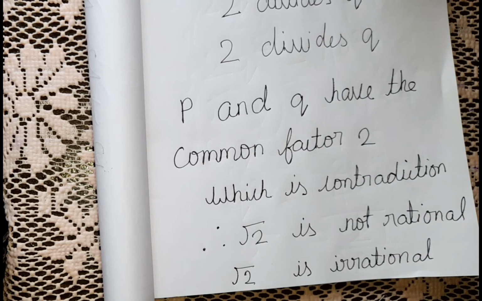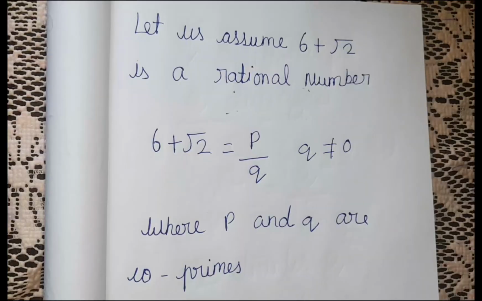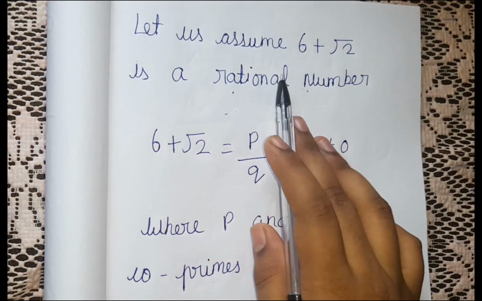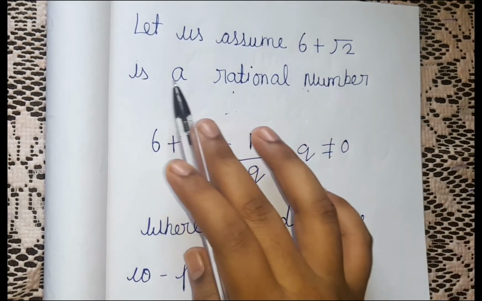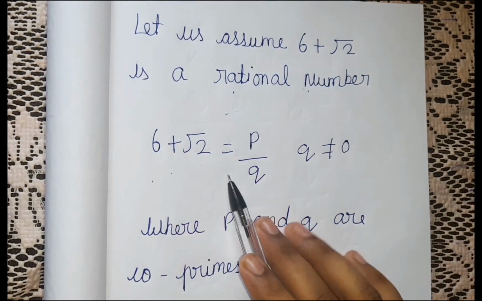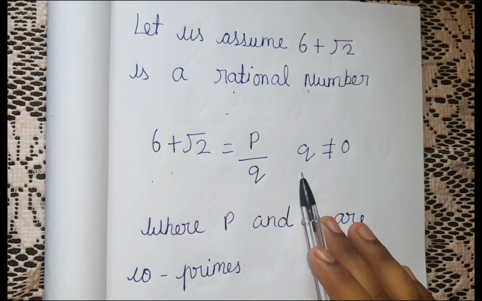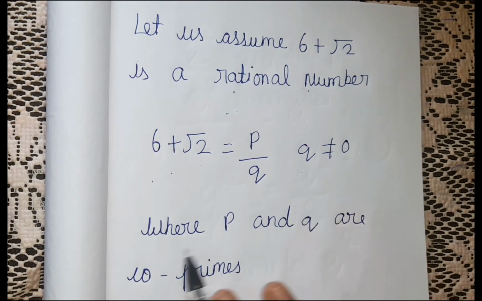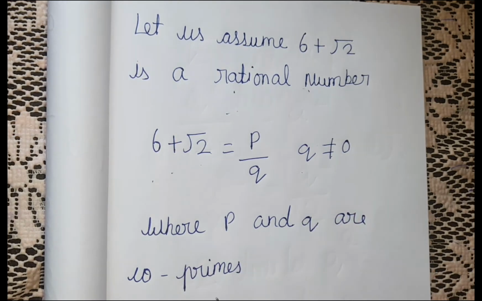Now we are going to find 6 plus root 2. We found it for root 2, and still we should do 6 plus root 2. So let us assume 6 plus root 2 is a rational number, where 6 plus root 2 is equal to p by q, where q is not equal to 0 and p and q are co-primes.